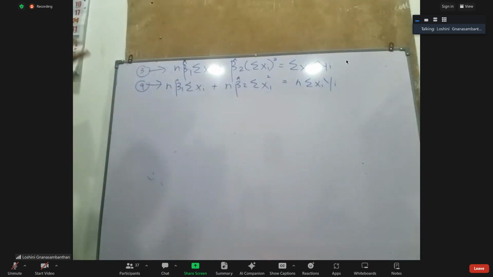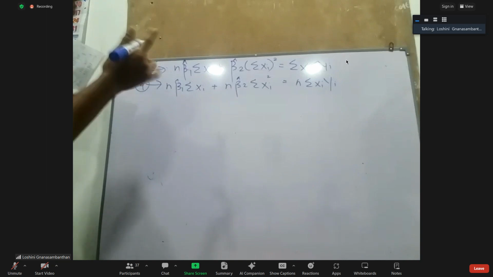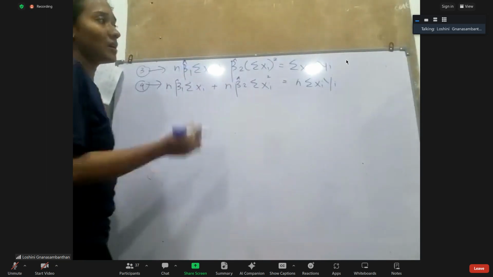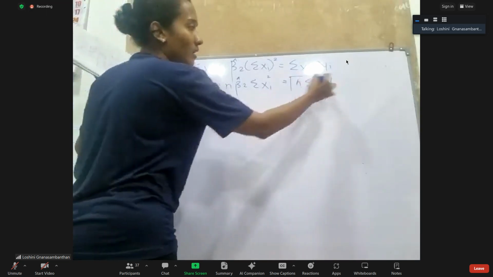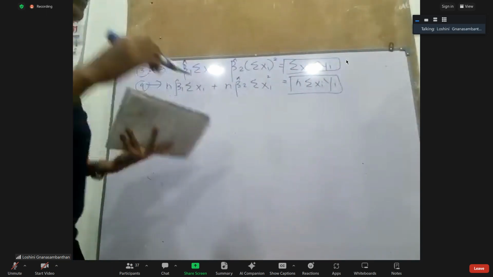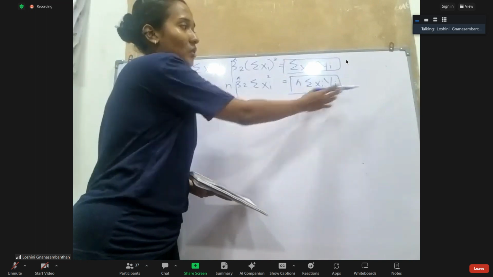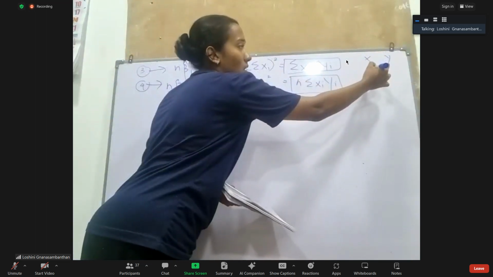Now you have to decide from which you are going to subtract what. How you can decide that is you have to see which value is bigger, the easiest way. Now this value is bigger or this value is bigger. If you think properly, sigma xi into y means the y values are there.